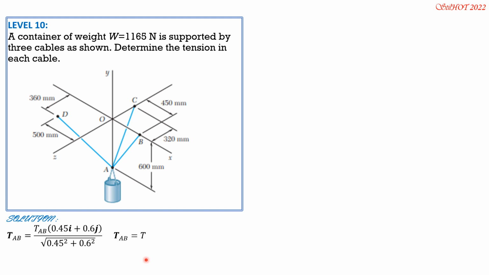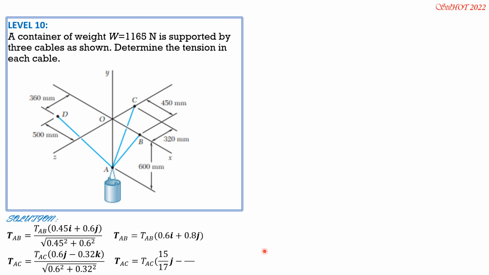Simplifying, tension AB is magnitude of tension AB times quantity 0.6 I plus 0.8 J. Then tension AC, no X, so it is magnitude of tension AC times quantity 0.6 J minus 0.32 K over square root of 0.6 squared plus 0.32 squared. Simplifying, tension AC is magnitude of tension AC times 15 over 17 J minus 8 over 17 K.